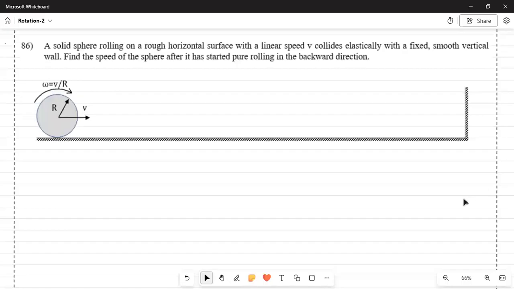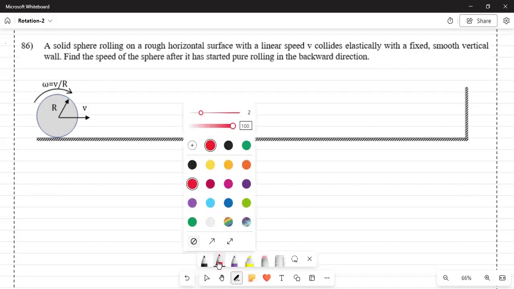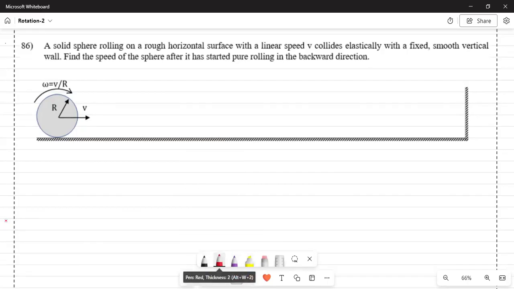Now we take problem 86 of your textbook, and incidentally, this is the last problem of this chapter. This problem is very much similar to the earlier problem, but the author of this book, Professor Verma, has placed the problem in a different way.